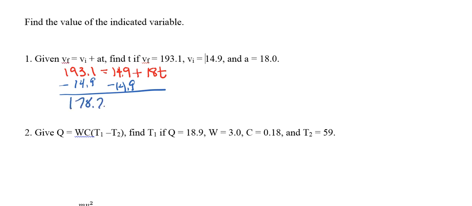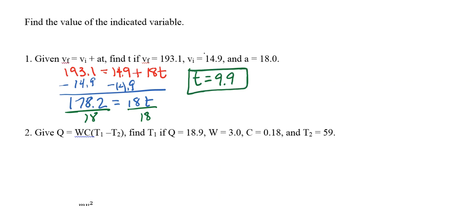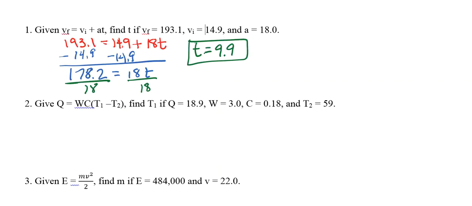Go ahead and divide by your 18, and we end up with T equals 9.9. So that's one method, is just plug in the numbers and find out what your answer is.